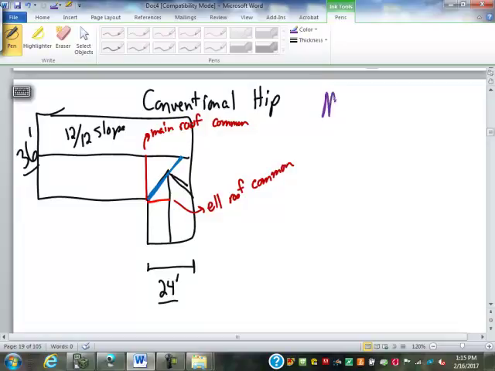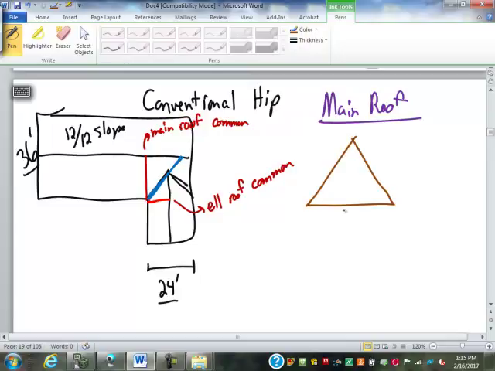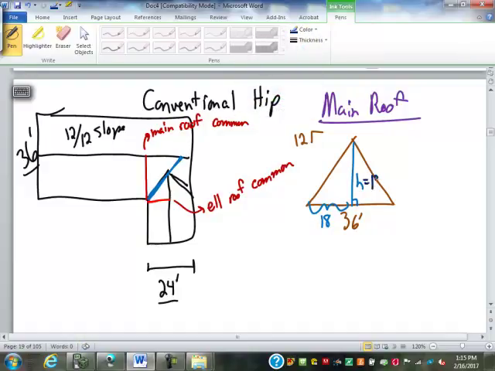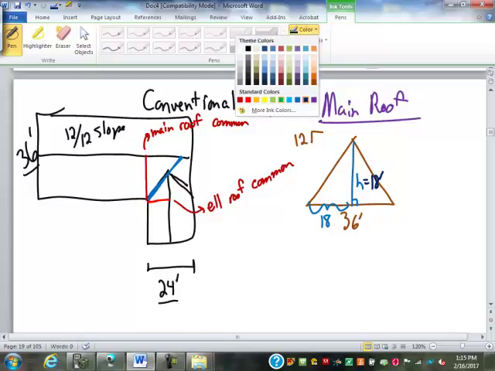So we're going to start out with the main roof common. 36 feet, 12-12. Here's H. Run is 18. Then a miracle occurs and H is 18 feet. 12-12 slope, obviously H is equal to the run, right?